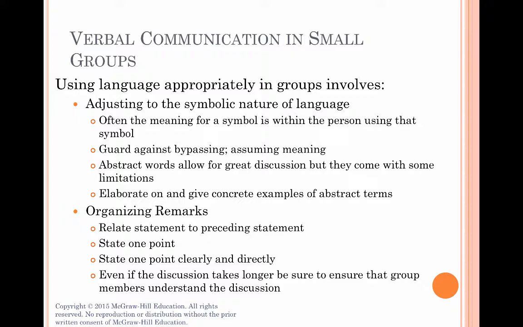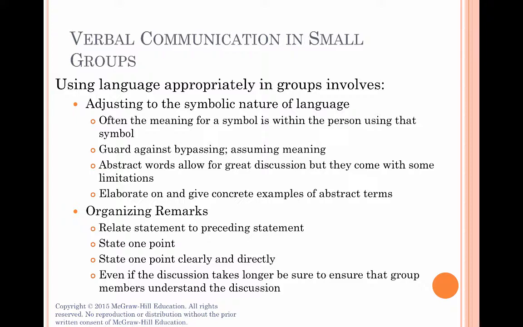Another key to good communication in groups is organization. One of the most annoying and unproductive things that can happen in meetings is when people just talk aimlessly, wander from point to point without making any headway or coming to any agreement or consensus, or everyone's just talking at once and people are throwing their opinions out there without any connection to what was said previously.